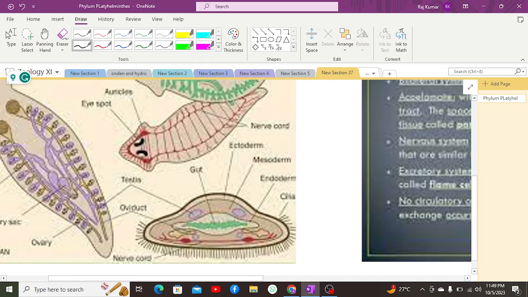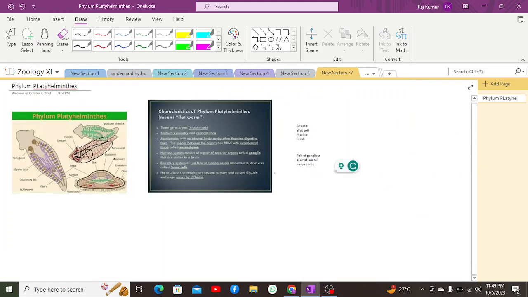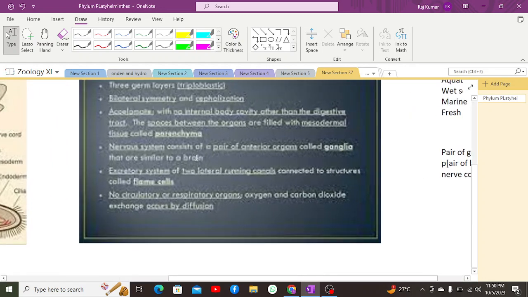Here we have the ganglia. Apart from which, there are two lateral longitudinal nerve cords, interconnected with each other through nerves, which form a ladder-like structure, due to which they have a ladder-type nervous system.